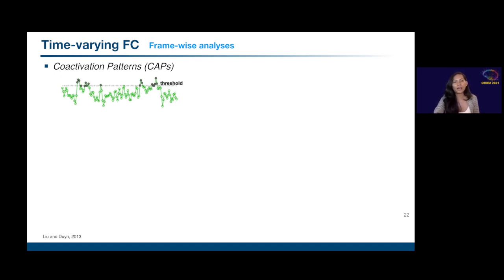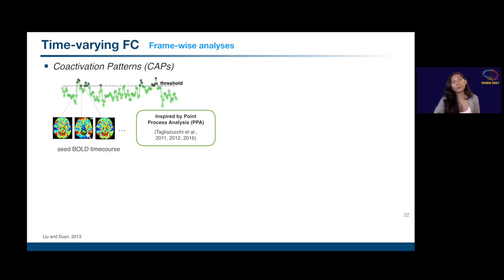This is inspired by the point process analysis that was introduced by Tagliazucchi and colleagues. In order to obtain these co-activation patterns, what Liu and Duyn did in 2013 was to initialize a seed time course, given in this context by the posterior cingulate cortex.